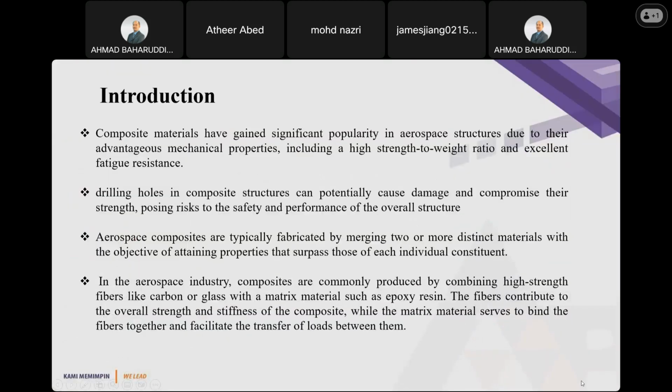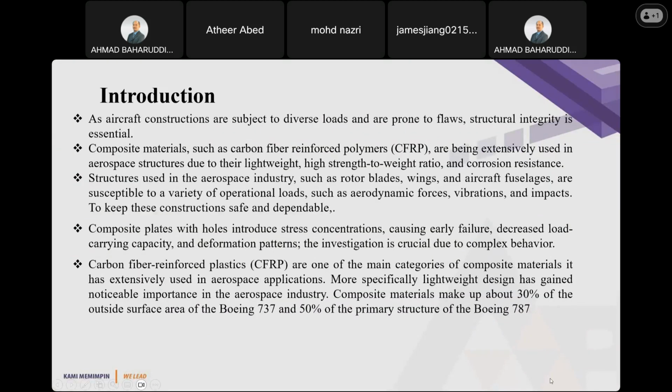Now it is in slideshow. Yeah, okay, that's it.